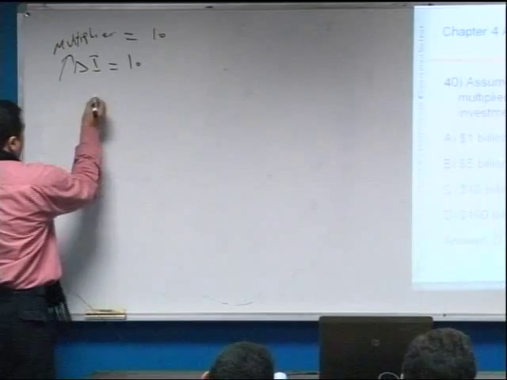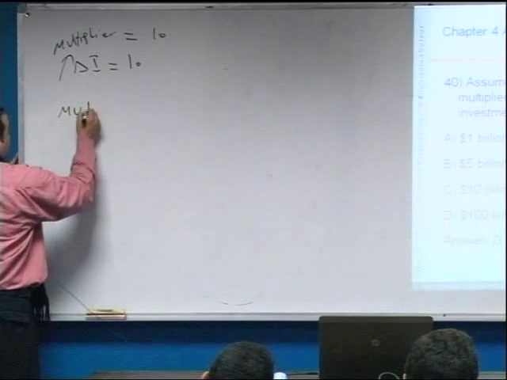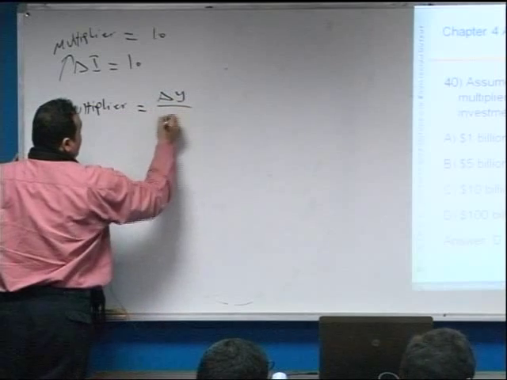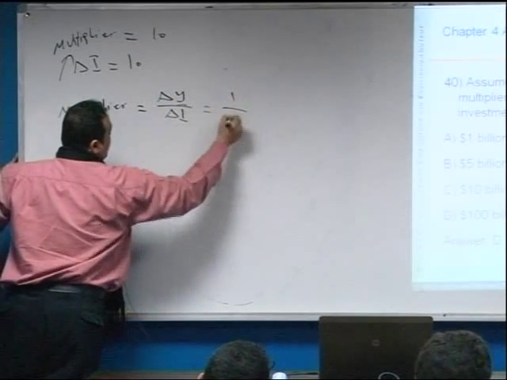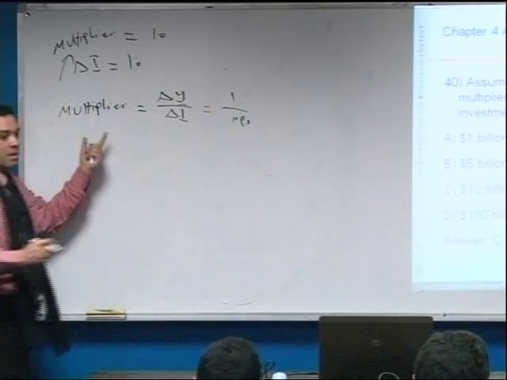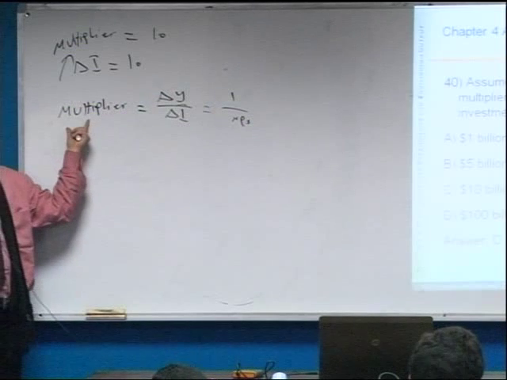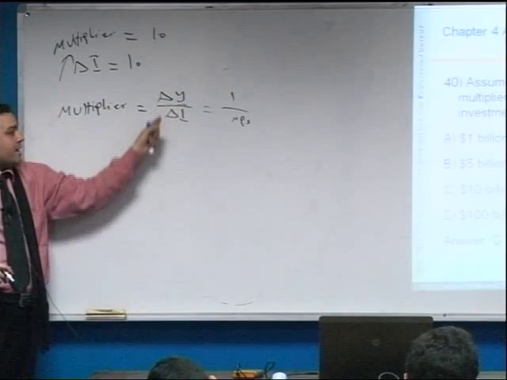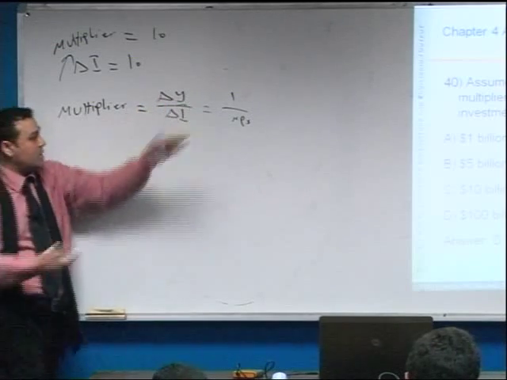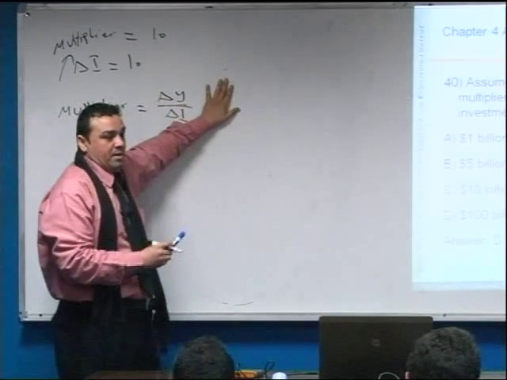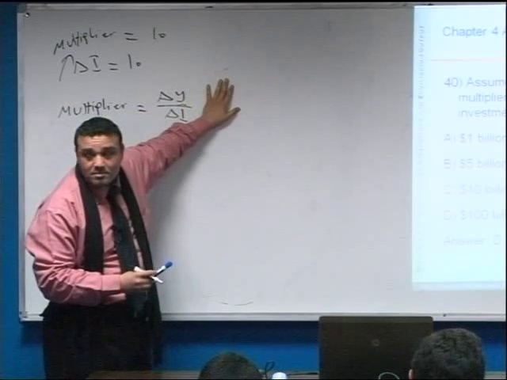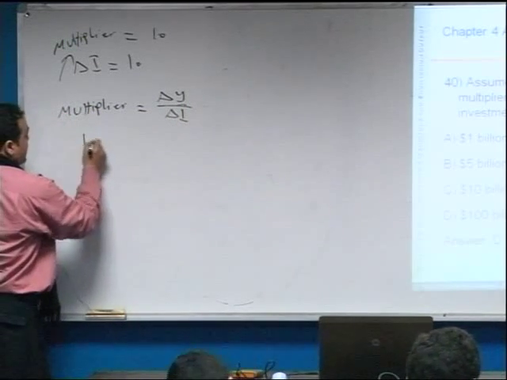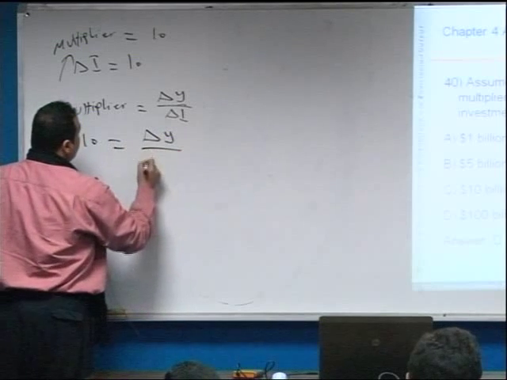As you know, the multiplier is delta Y over delta I, or equals 1 over MPS. Here the multiplier is available, delta I is given, and delta Y is what we want, so we ignore this part. So multiplier 10 equals delta Y over 10.